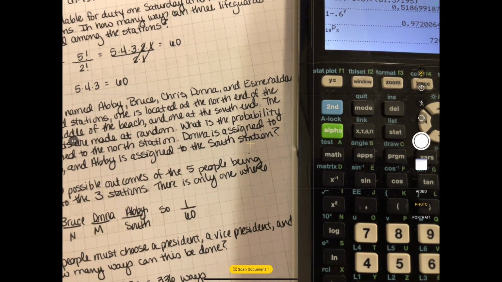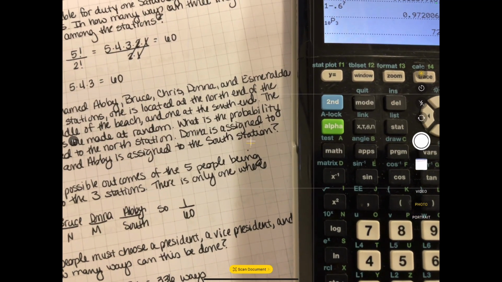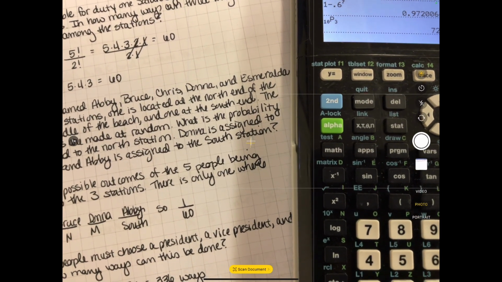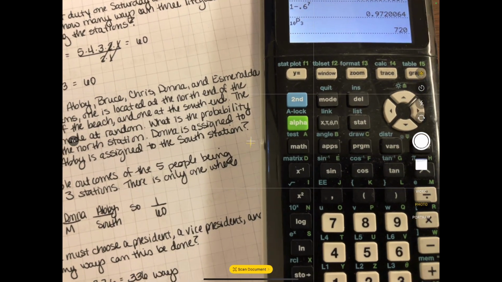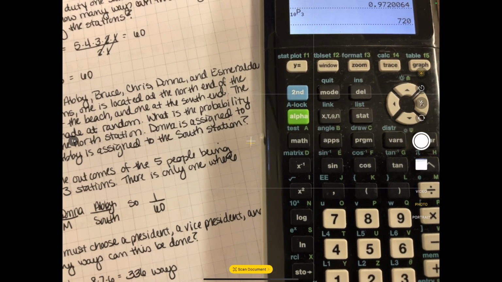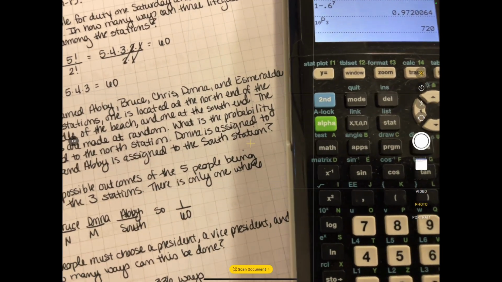Does it come up with parentheses? No, it comes up with NPR. Let me see real quick. You probably have to put the 10, 3. Oh, okay.